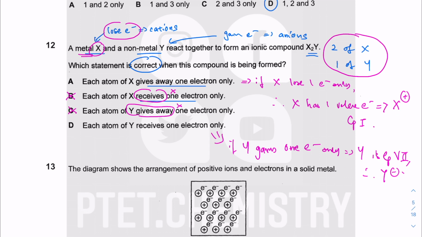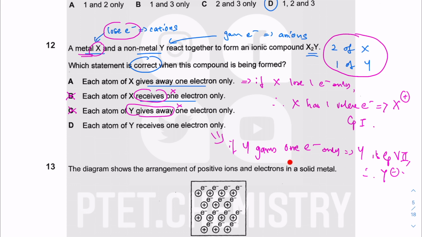Okay, the fact that you need 2 of X and 1 of Y means Y cannot be receiving one electron only, because if Y receives one electron only, then you would form a single bond. If Y only gains one electron, then why in the world does it form bonds to 2X?